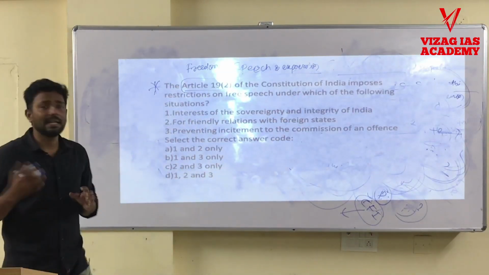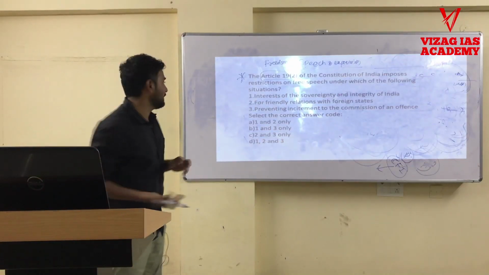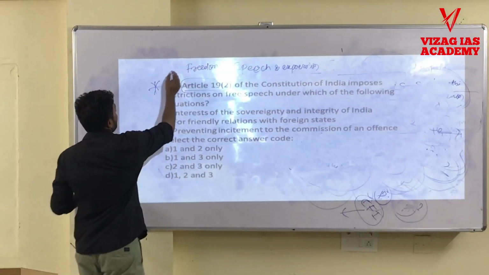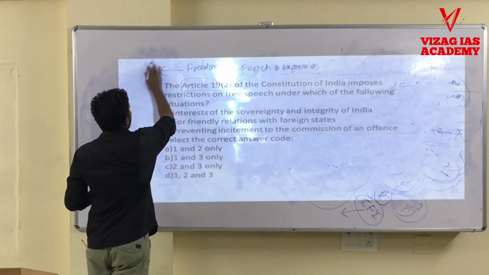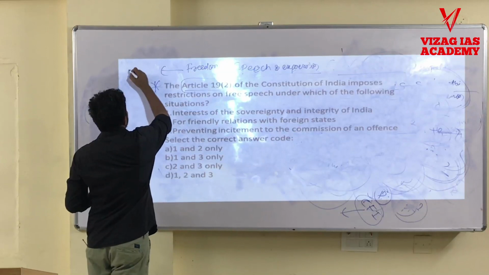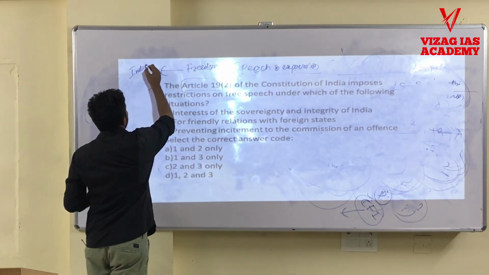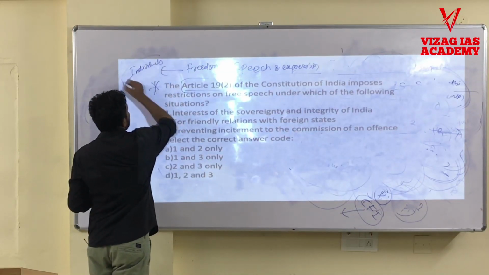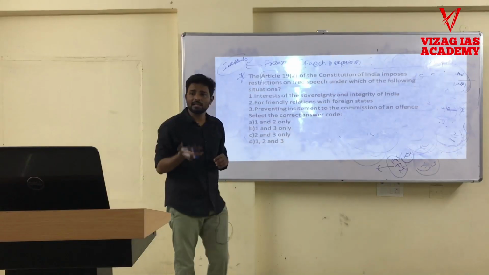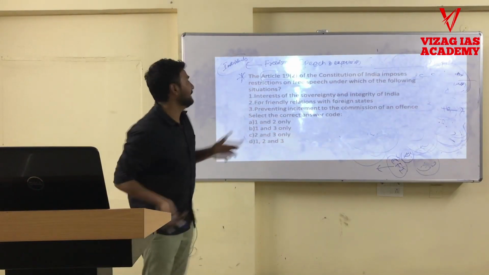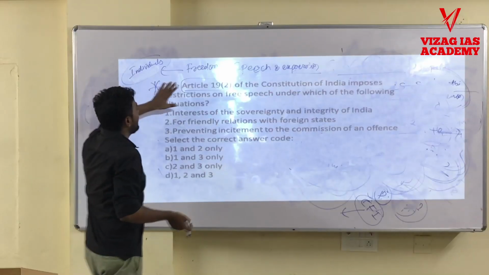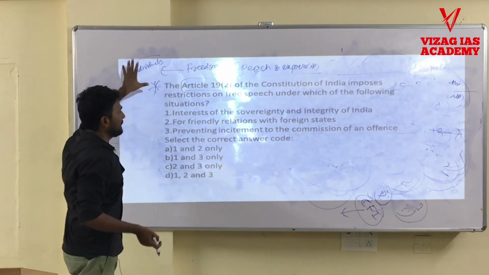Under this, certain freedoms were given to the citizens or individuals, because even non-citizens, aliens also have certain fundamental rights, even right to speech also. So under this, certain freedoms were given to each individual.